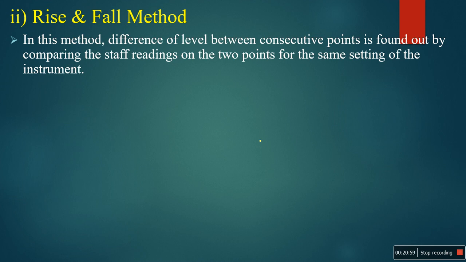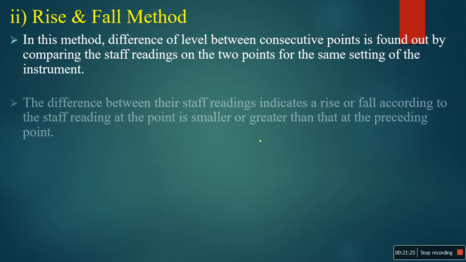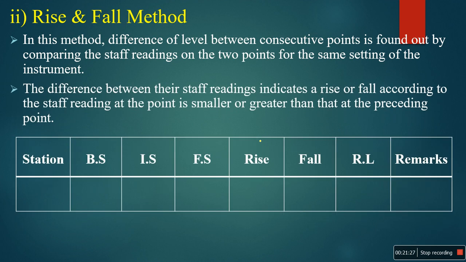Whatever staff readings you have considered are taken from the same setup of the instrument station. Using those, you enter the values in the rise and fall columns. So this is our tabular form.